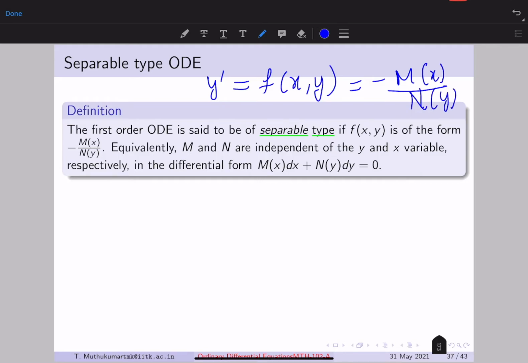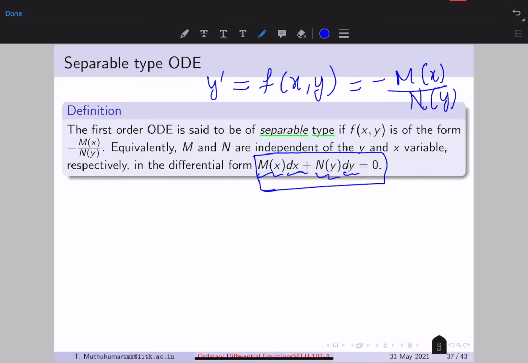If this is possible, then when you write it in differential form, with the x differential you have only a function of x, and with the y differential you have only a function of y. So when we say separable, we basically mean that the variables are separated here.